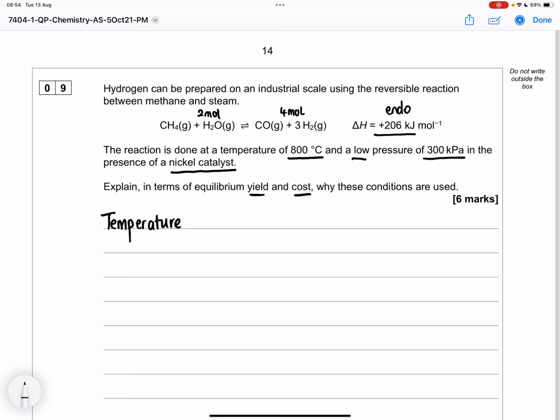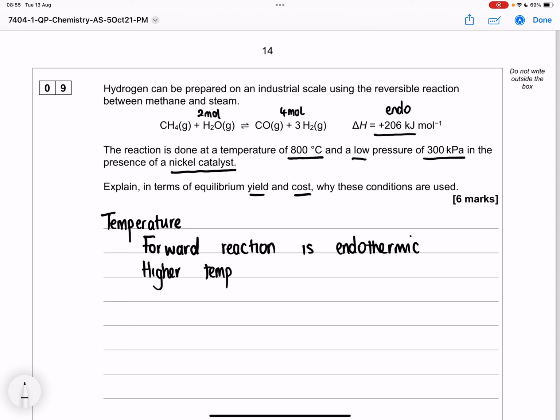And we can see that because the forward reaction is endothermic, so we'll write that down, that's interpreting the enthalpy change. According to Le Chatelier's principle, then yield will be favoured by a higher temperature.